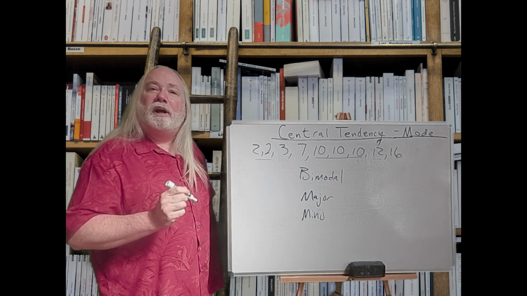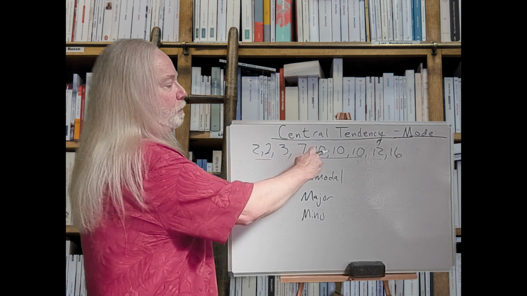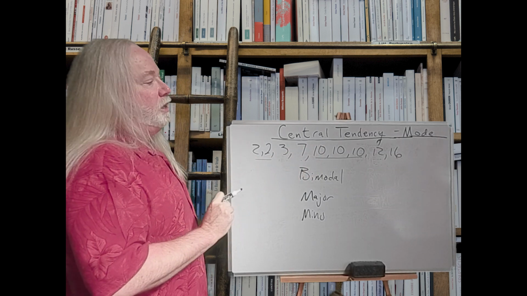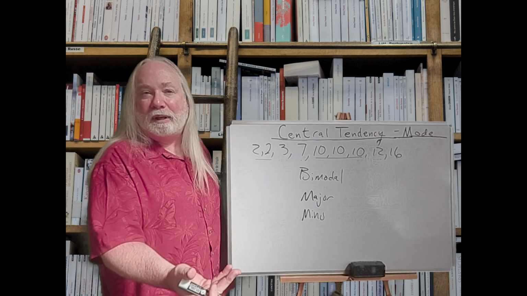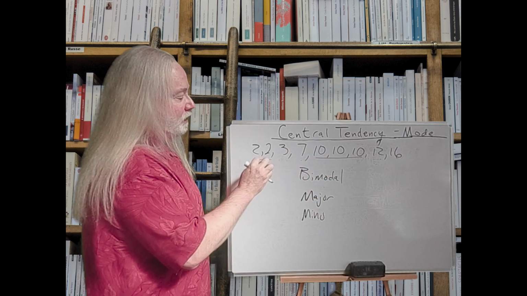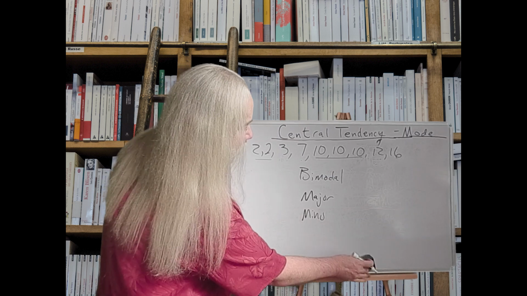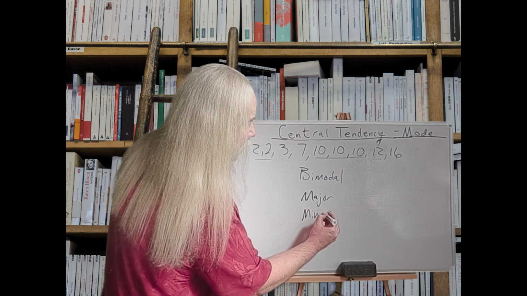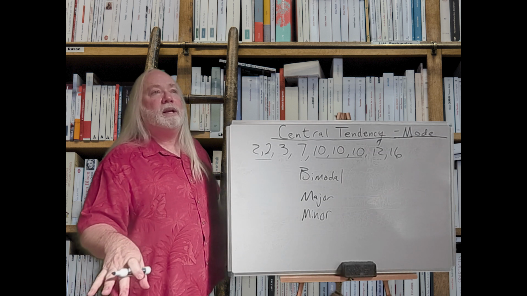But there's another score that's almost the mode. It's almost as frequent as the 10s. So in a case where you have one clear mode and you have a strong second place contender, we would say that 10 is the major mode and that 2 is the minor mode. Oh, I didn't finish writing that. Minor mode. So you can have major modes, minor modes.